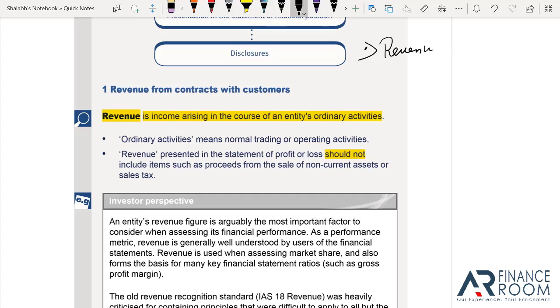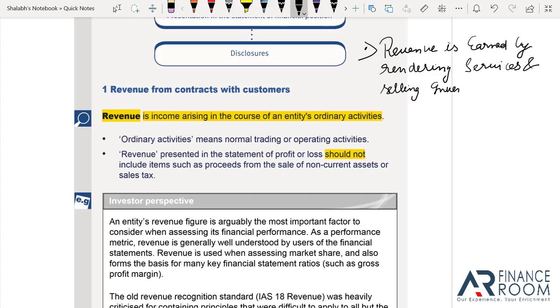Revenue is earned by rendering services and selling inventory.